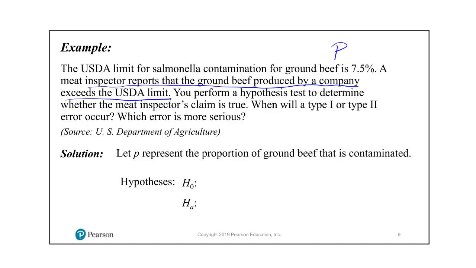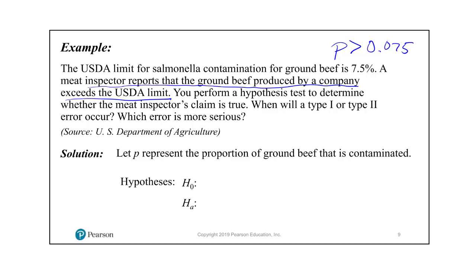So that inspector is saying that P is greater than the 7.5%, or in other words, greater than 0.075. That's what the inspector said, that the ground beef exceeds the 7.5%, exceeds, greater than.